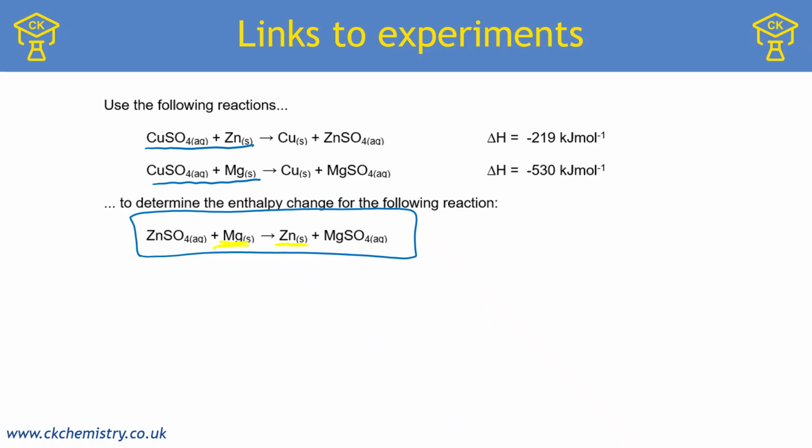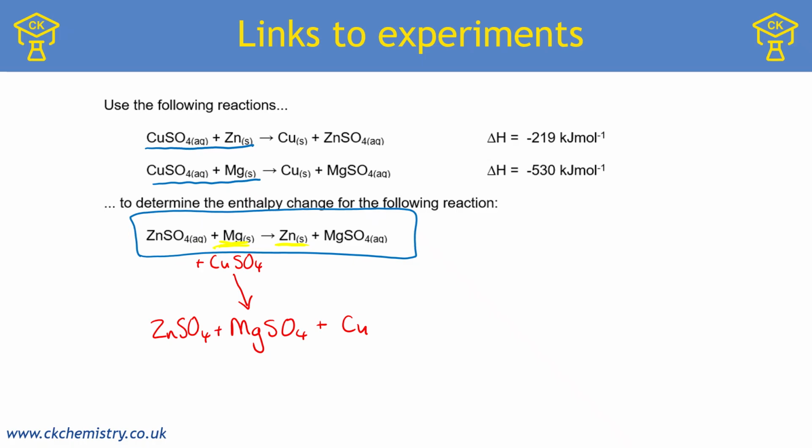So if I add copper sulfate to magnesium, I'll make magnesium sulfate and copper. Arrow down. Also, just like before where we had something that was the same on both sides, I've also got some zinc sulfate here, right? Because it's already here and I can't get rid of it.